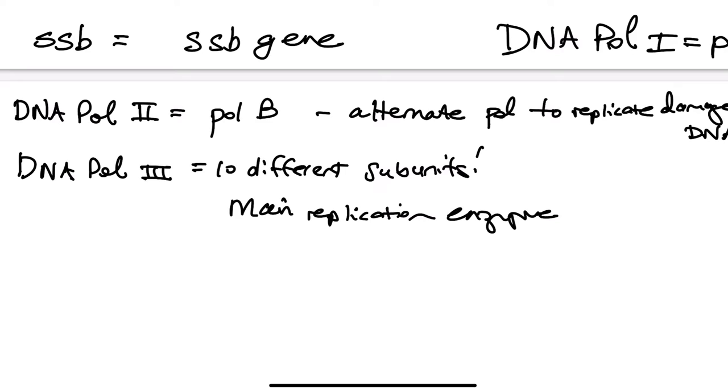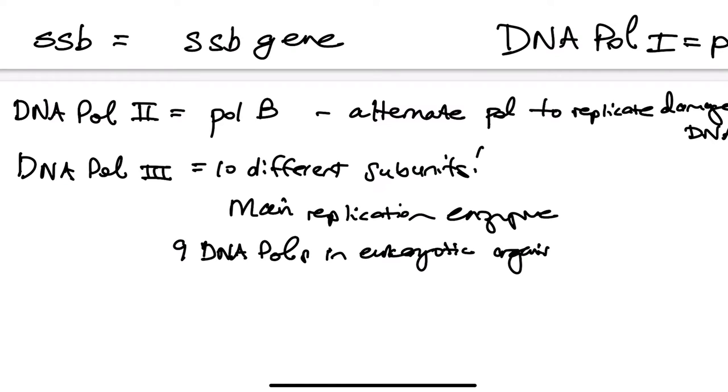I do just want to point out that there are 9 different DNA pols in eukaryotic organisms. So we cannot discuss all of that, of course, in this video. We're just going to focus on pol 3. But what is interesting is that all of those pols will add nucleotides in the same fashion.